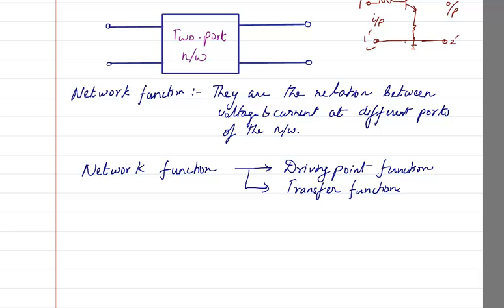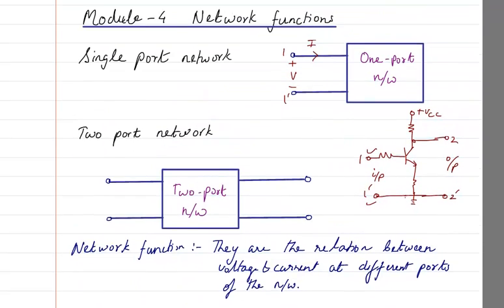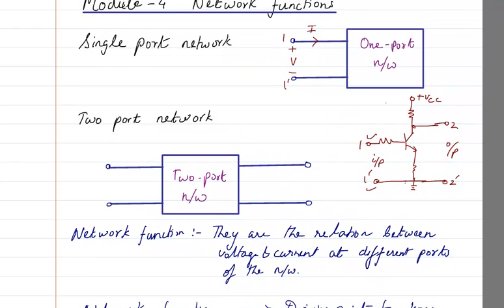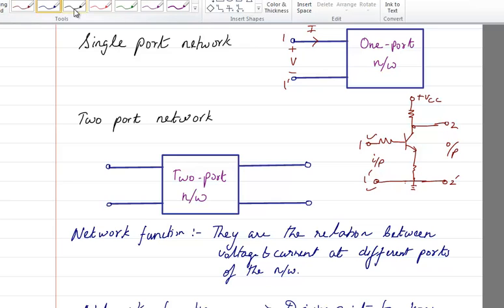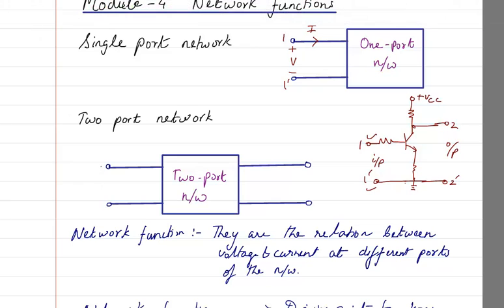But before that, let me first complete what are the terminologies that we use in two-port network. So suppose we are having a two-port network, it will have a voltage here, which is, since it is port 1 dash, I will write this as voltage V1, and I will show the current going inside, which is I1. Similarly, this terminal is 2 dash, and here the voltage I will write as plus minus V2.